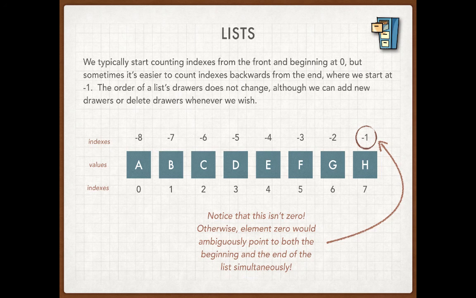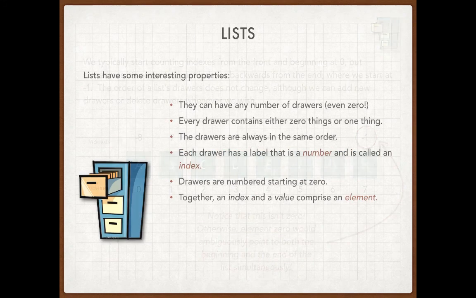It could be the first drawer in the list or even the last drawer in the list. So this is a pretty crucial component to recognize, which is there is one and only one element in a list that has the index 0, and that's the very first one. But counting backwards is really terrific. It's a great thing to do. This is a really convenient thing that Python's done for us.